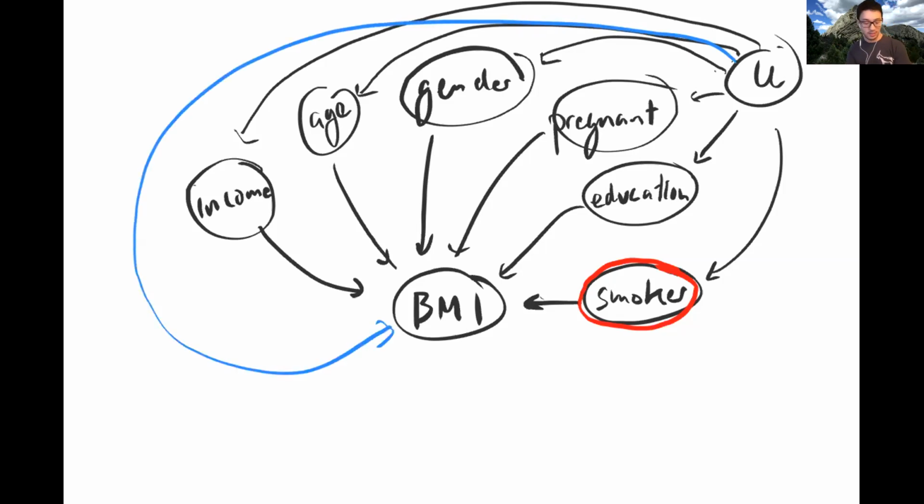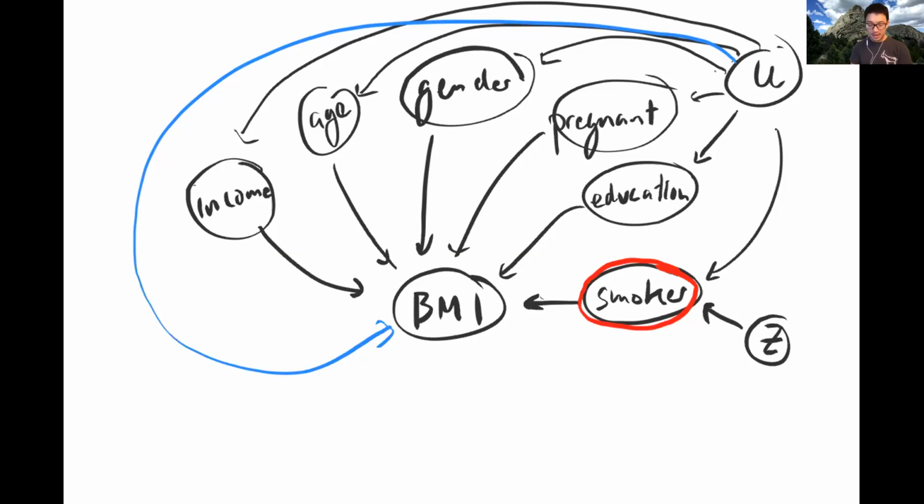So all of that would be an issue. And so we want some variable z to be able to control for whether or not the person is a smoker and is unrelated to all of these other things.